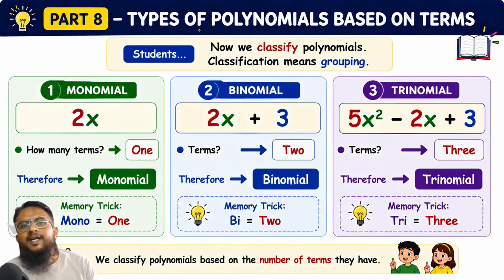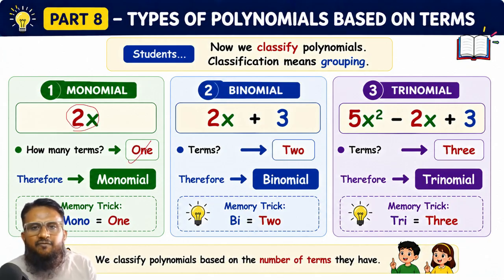Now students, types of polynomials based on terms. First, I need you to understand terms. Say, this is 2x, the whole expression is a polynomial. 2x plus 3, the whole expression is a polynomial. 5x square minus 2x plus 3, the whole expression is a polynomial. But in the first polynomial, there is only one term.